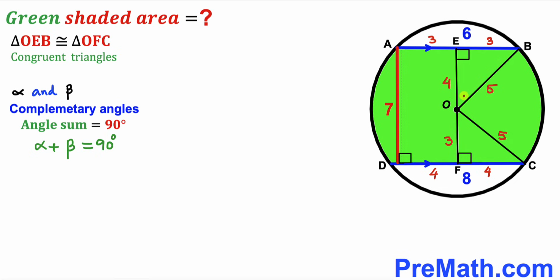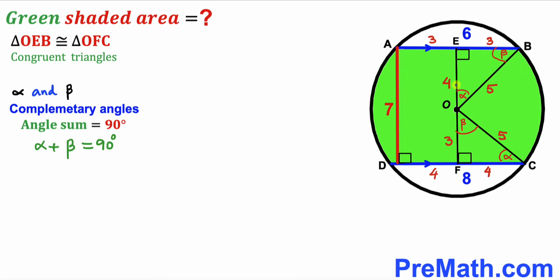So if I label this angle alpha, then this angle has got to be angle beta, since this angle is 90 degrees. Now we know that angle alpha is opposite to the side of 3 units. So opposite to this 3 unit side is going to be angle alpha. And we know this is our 90 degree angle. So this angle has got to be angle beta.